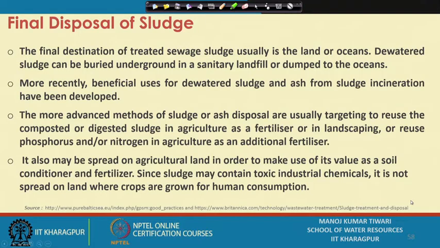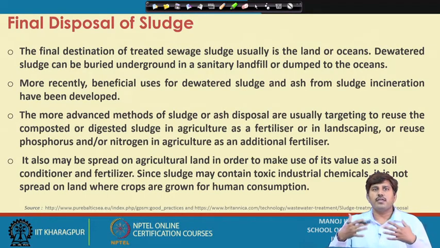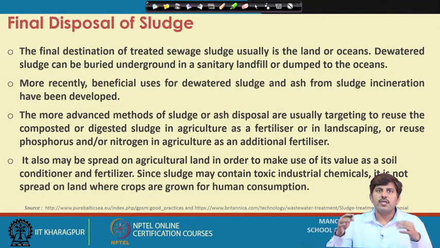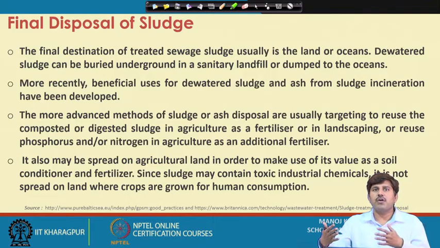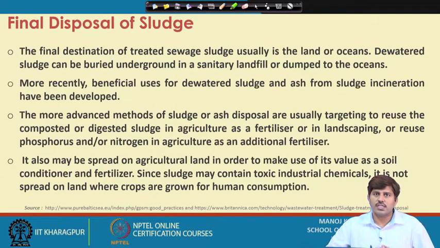So, this brings us to the final disposal of sludge, where the sludge is finally disposed of. The final destination of the sewage sludge is usually the land or the ocean. The dewatered sludge which we get can be buried underground in sanitary landfills or can be dumped into the ocean. More recently, there has been a lot of beneficial use of the dewatered sludge, and the ash from the sludge incineration can also be reused.